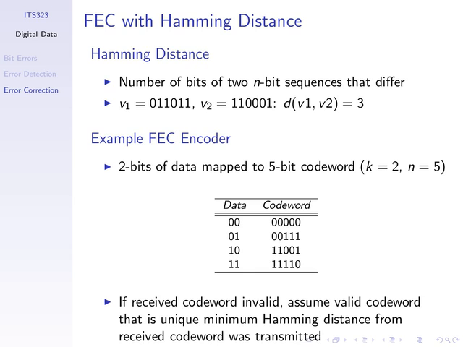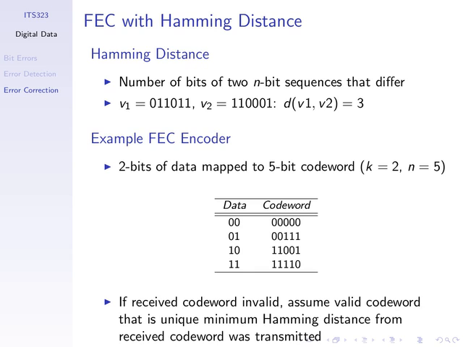We receive a code word, we compare to the 4 valid code words, whichever one is closest we'll assume was the original transmitted code word, but only if it's unique. That is, if there were 2 code words with a distance of 1, they are not unique, and we would not do this.